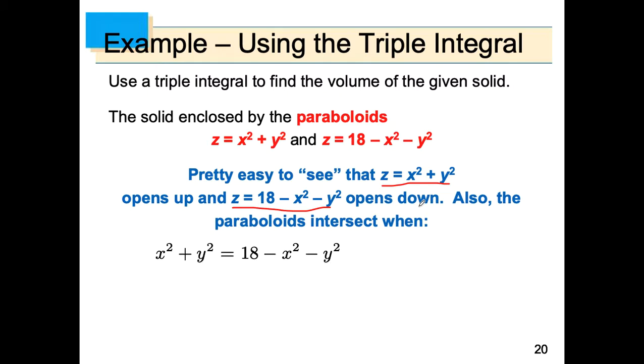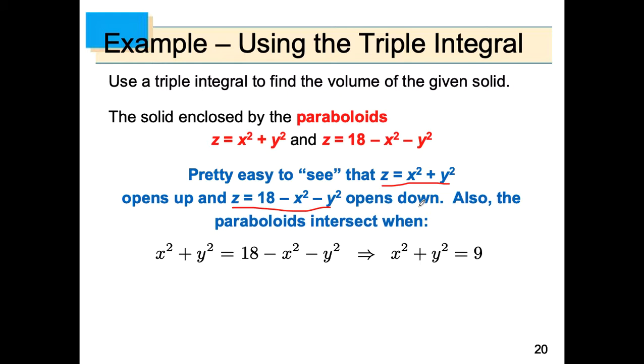So if you set x squared plus y squared equal to 18 minus x squared minus y squared, and then add x squared plus y squared to both sides, divide by 2, it's pretty easy to see algebraically that they intersect at x squared plus y squared equals 9, which we all know is a circle of radius 3.